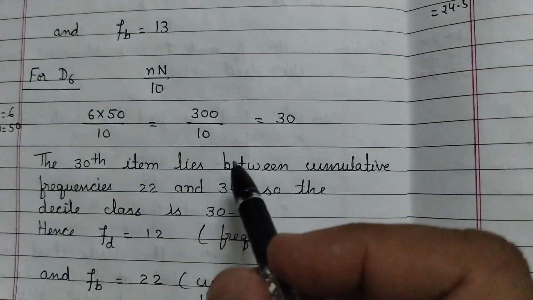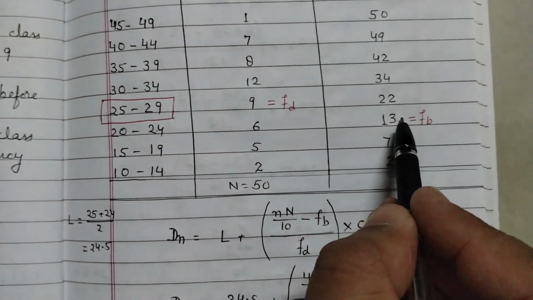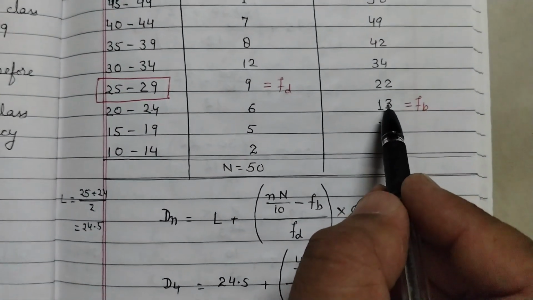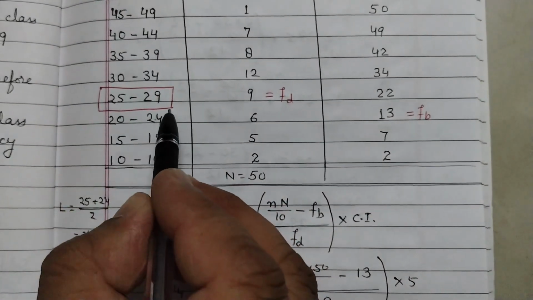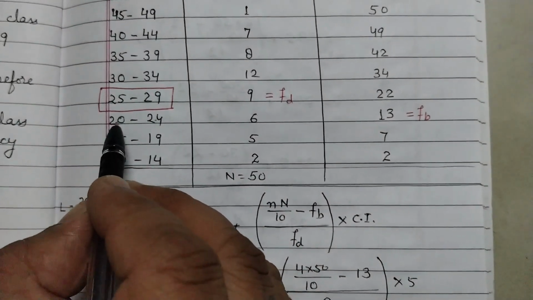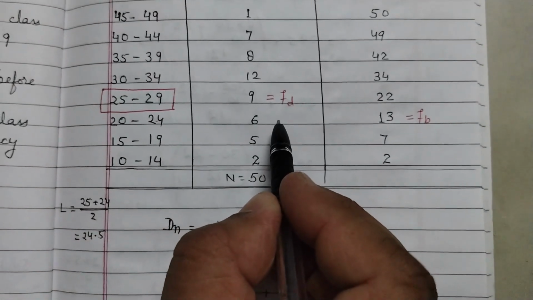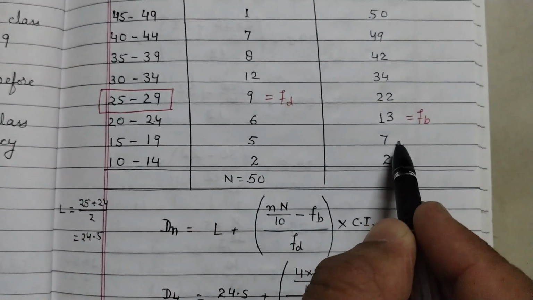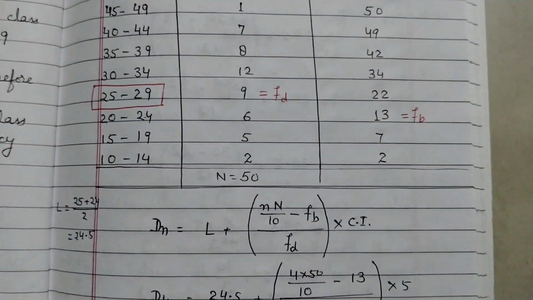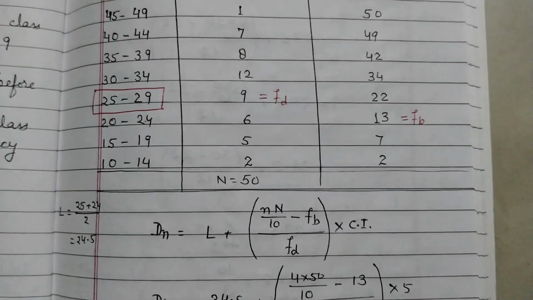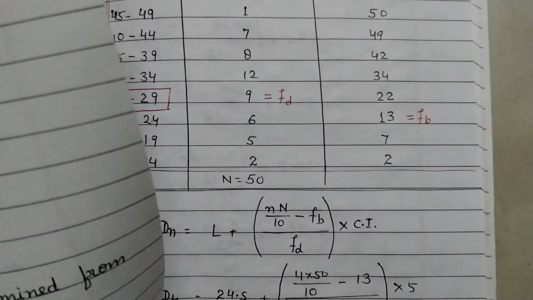That is, the 10th item lies here, and item 10 is lying in 13. So for D2, the class interval selected will be 20 to 24. In that case FD will become 6 and FB will become 7 for D2. So similarly any value can be calculated in this way. So this is all about the deciles from grouped data.